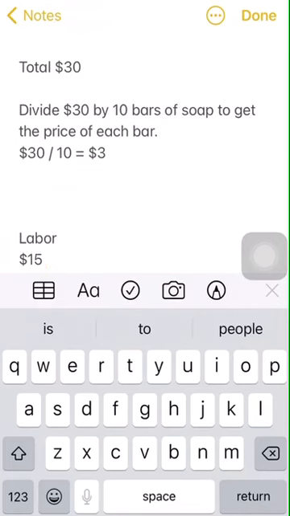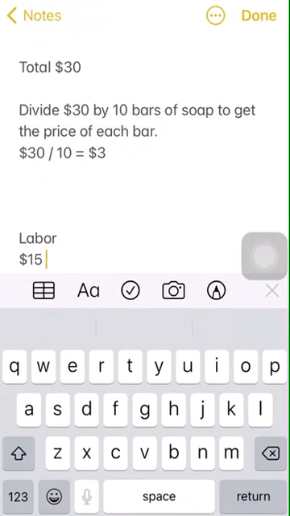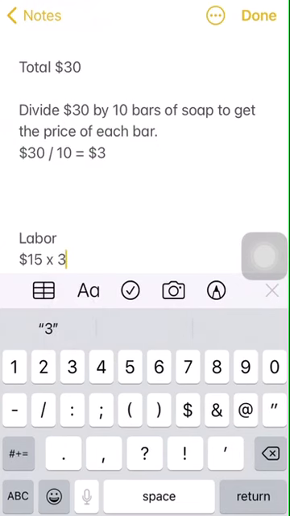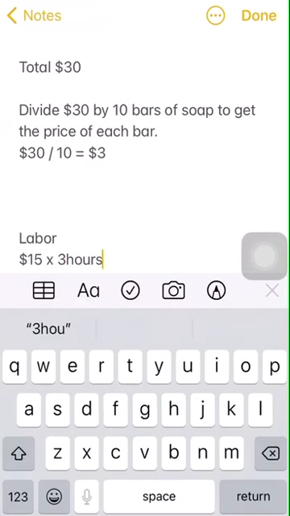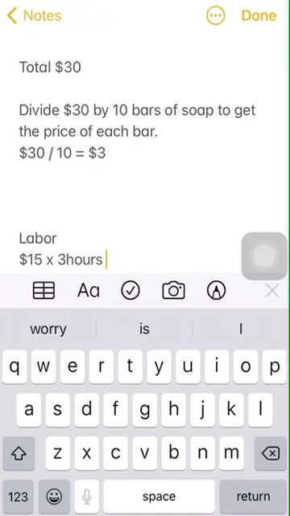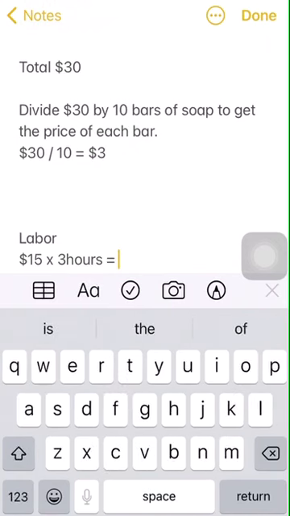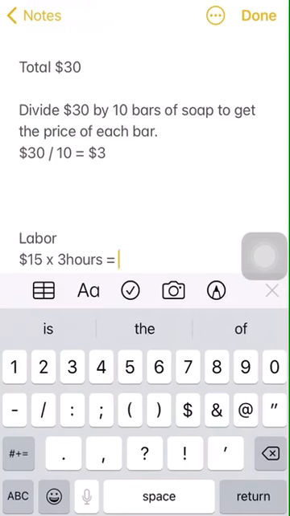So the 15 times 3 hours will be equal to $45.